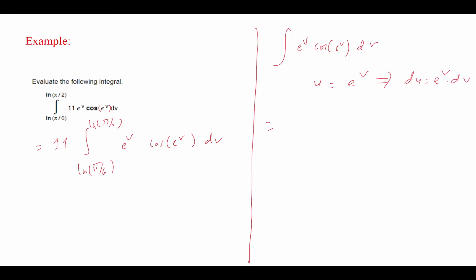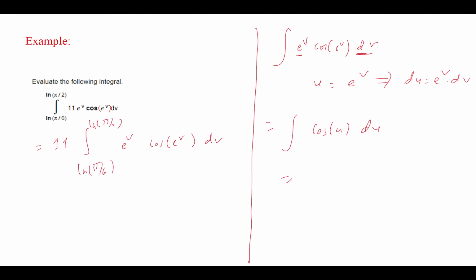So this problem becomes cosine u times du, because this e^v is replaced by u, and this e^v times dv is replaced by du.